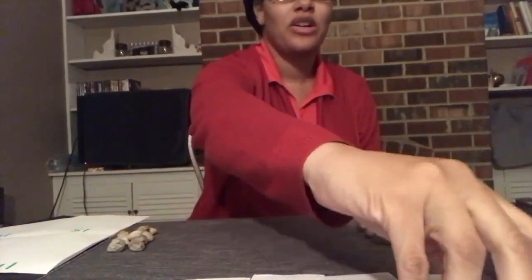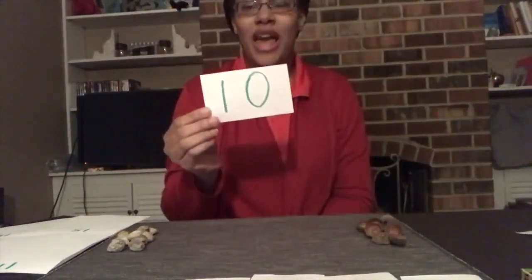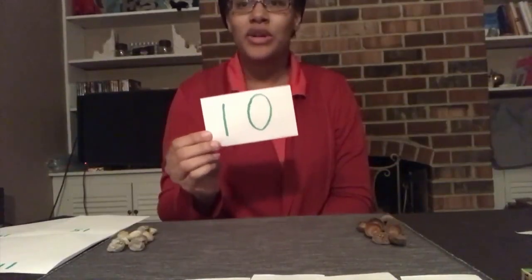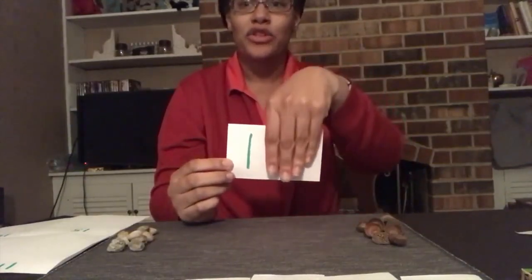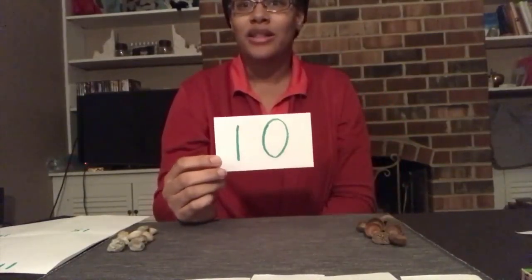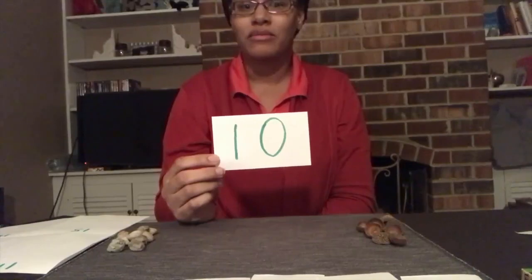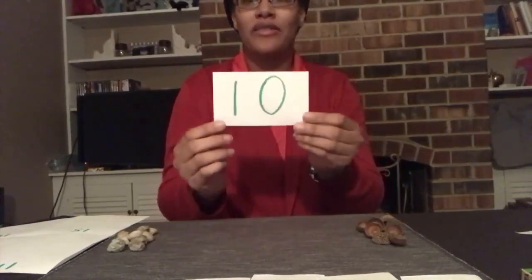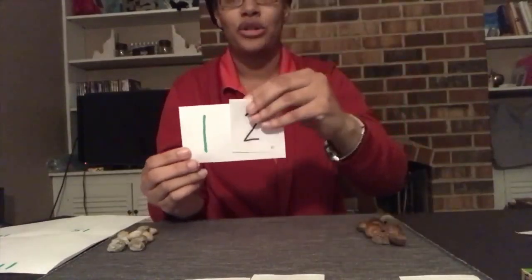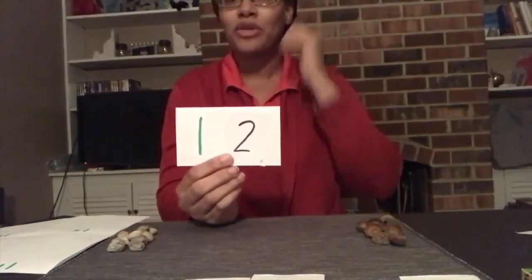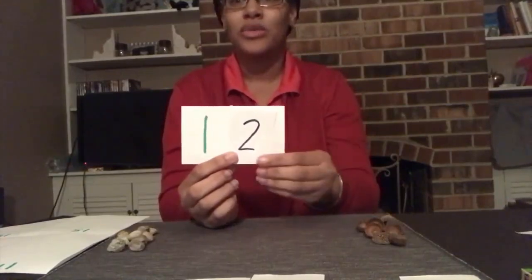And something that's optional for you guys to do today is you can make a set of number cards. So if you have a card with the number 10 written on it, then you can make the individual numbers from 1 through 9 to go over your 0 as you make the teen numbers. Let me show you. So I have 10, and then if I made a number 2, so my number should be, right, 12.